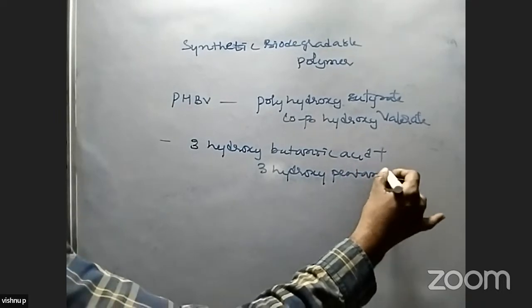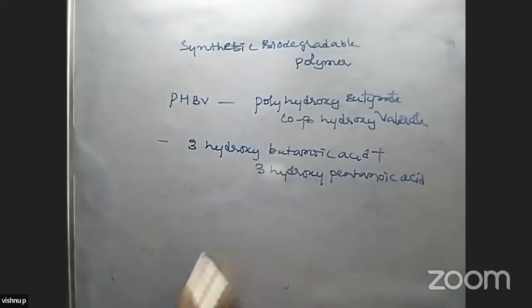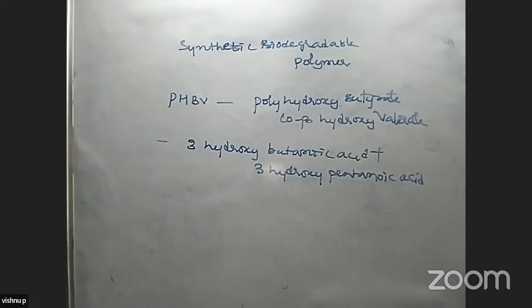These are the monomer units of PHBV, and they are involved in a condensation polymerization reaction. So we'll discuss the structure of this. In 3-hydroxy butanoic acid, but means 4 carbons are present.